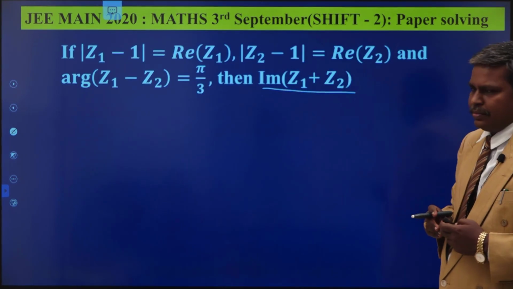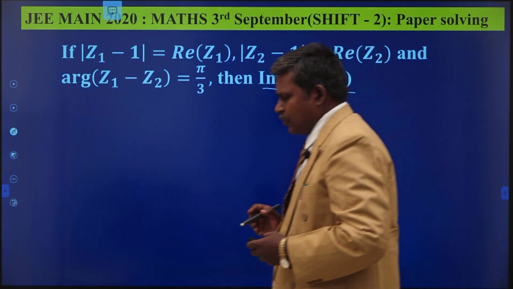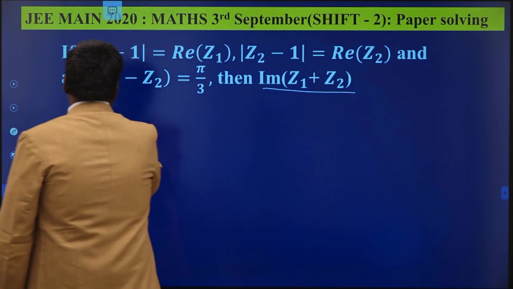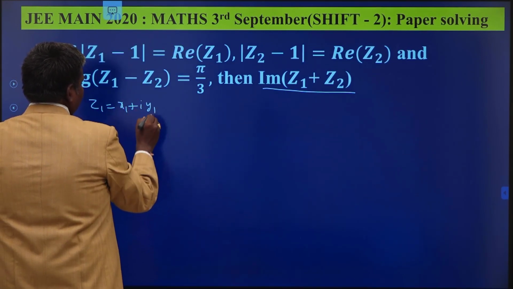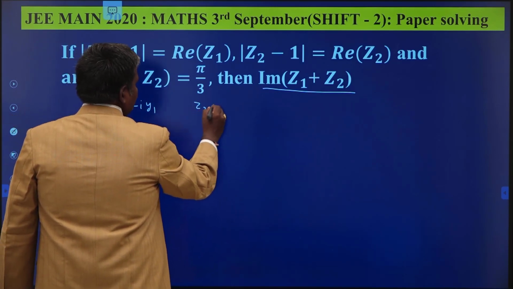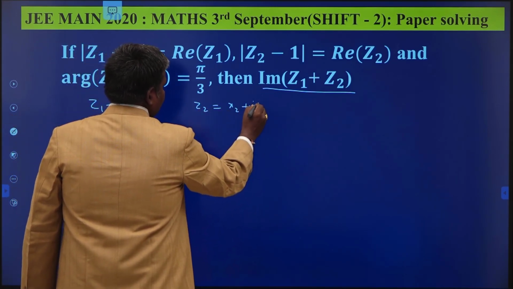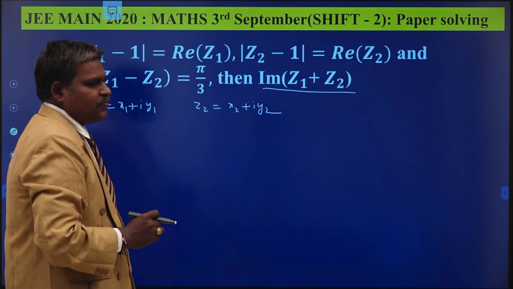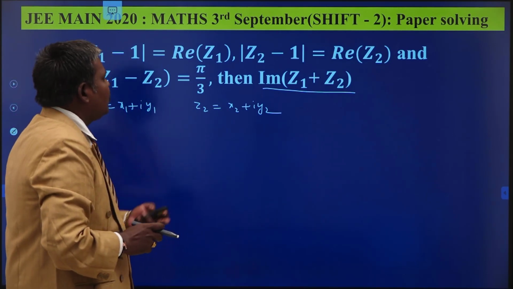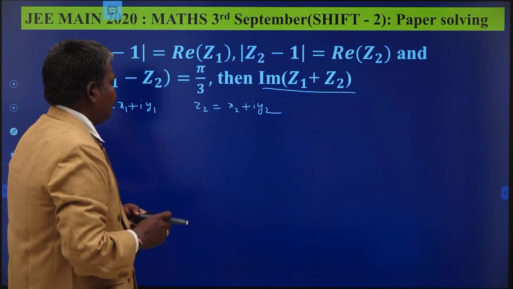This is the question. Suppose we take z1 is equal to x1 plus i y1, z2 is equal to x2 plus i y2. You just substitute there, apply the modulus formula and simplify. How to get the imaginary part of z1 plus z2?